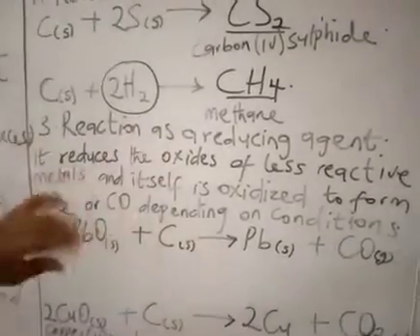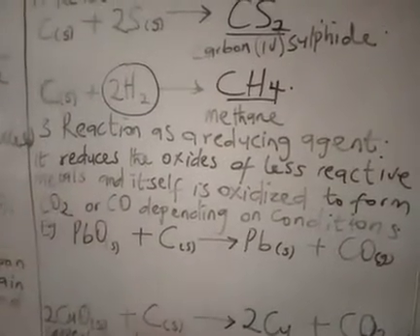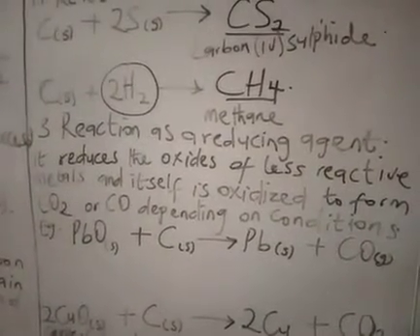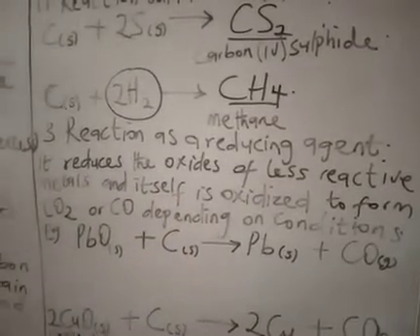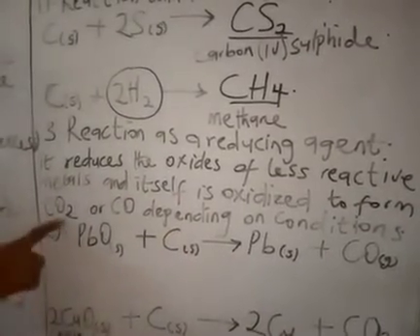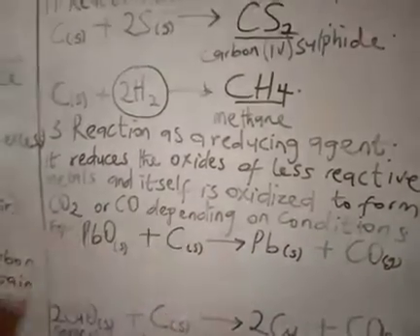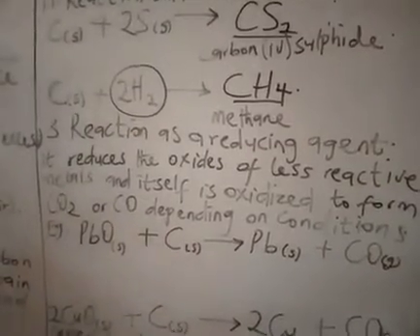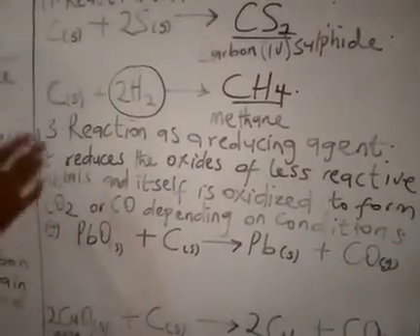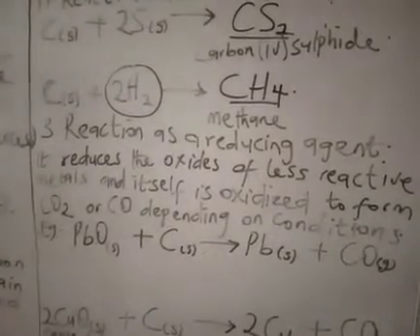Carbon reduces the oxides of less reactive metals to form the metals themselves, but it is itself oxidized in the process, and that oxidation gives rise to either CO2 or CO, carbon 4 oxide or carbon monoxide, depending on the condition. Most times, high temperature is needed in reactions where carbon acts as a reducing agent, when it comes to allotropes of carbon.